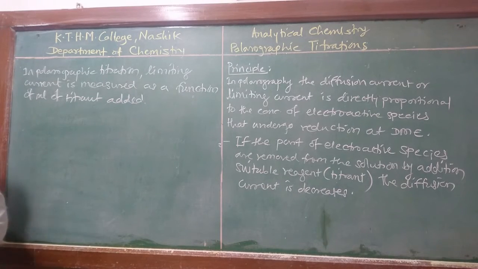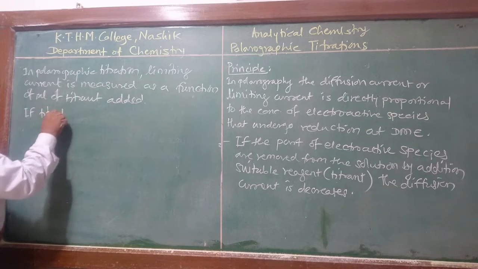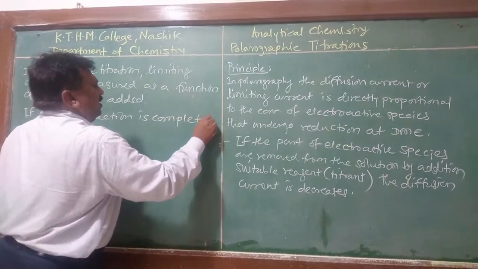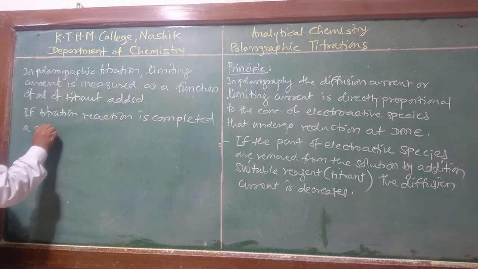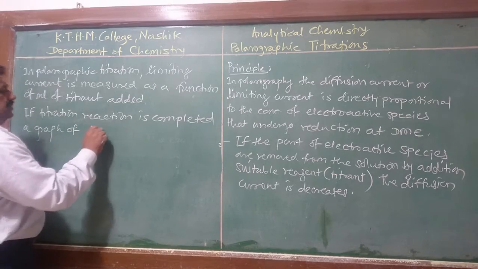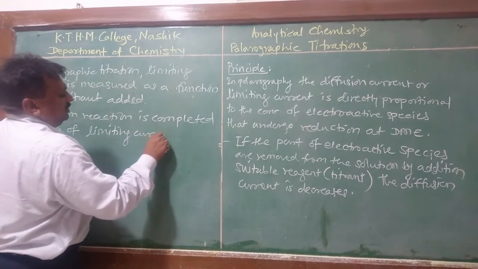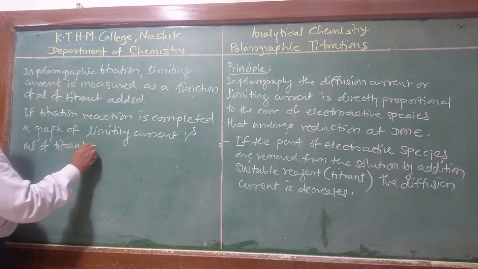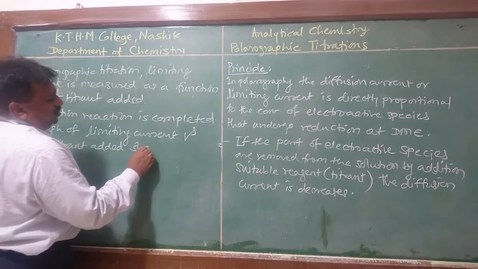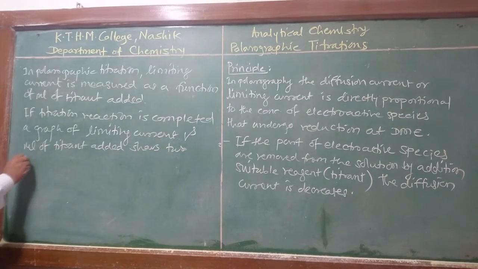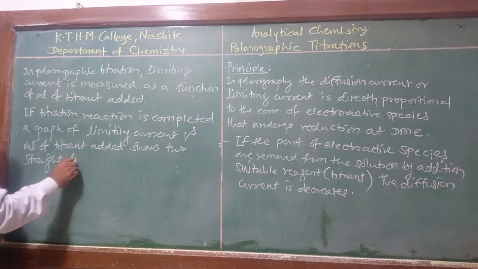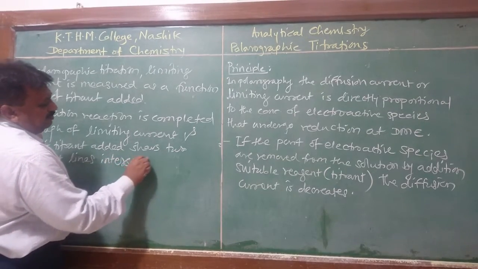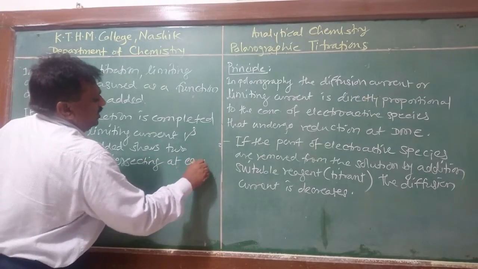And if the titration reaction is completed, a graph of limiting current versus ml of titrant added shows two straight lines intersecting at the equivalence point.